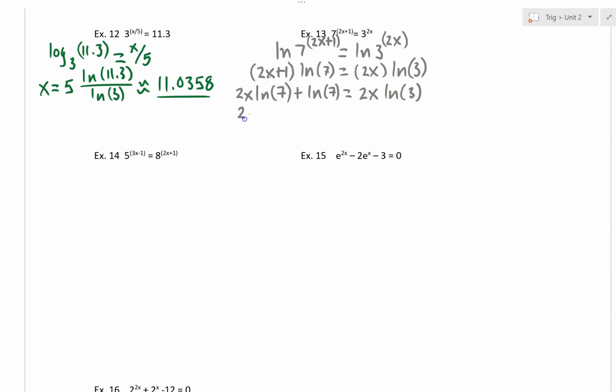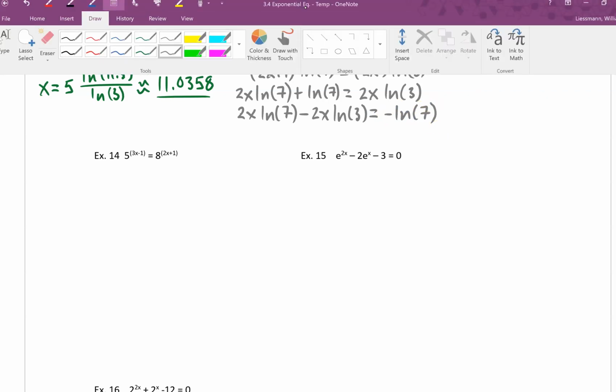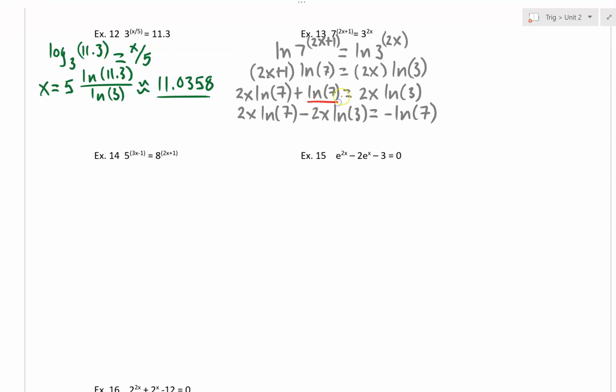So this is going to say 2x ln of 7 minus 2x ln of 3 is equal to negative ln of 7. I moved a couple of terms. I moved this one to the right, and I moved this one to the left. Okay, that's all we did.